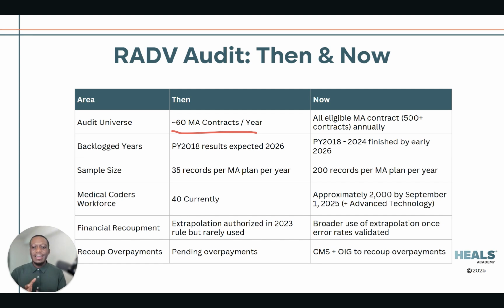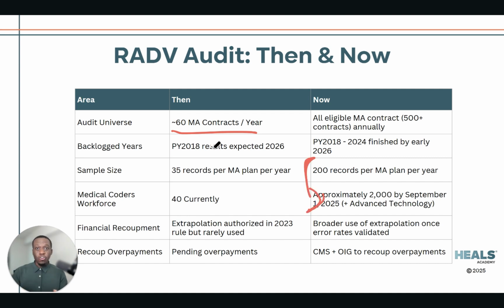Because of that, there is a great need for health plans together with their providers to be very savvy in preparing to be successful in this. On financial recoupment, extrapolation was authorized in the 2023 rule, but it was rarely used. CMS is looking at a broader use of extrapolation once error rates are validated.